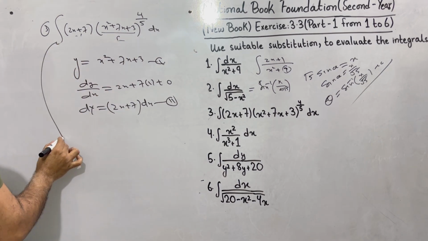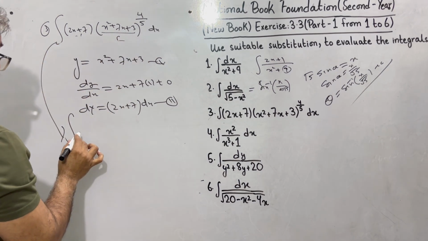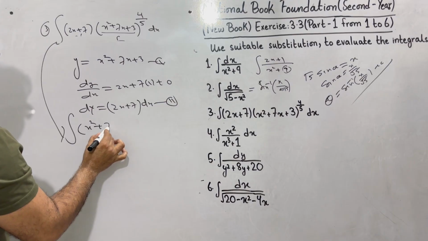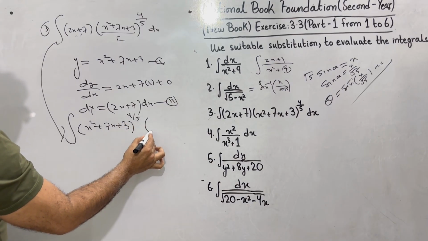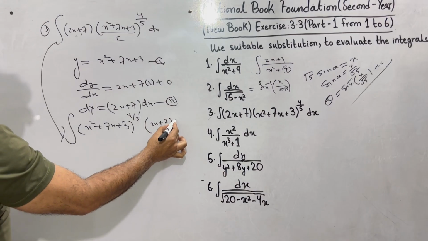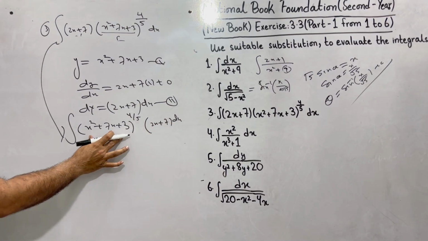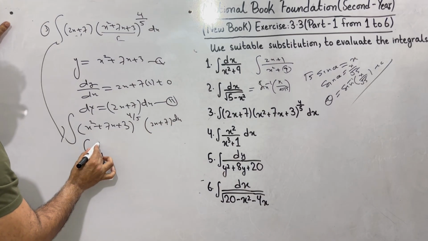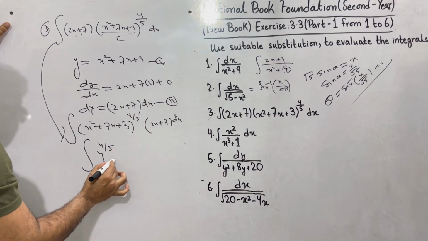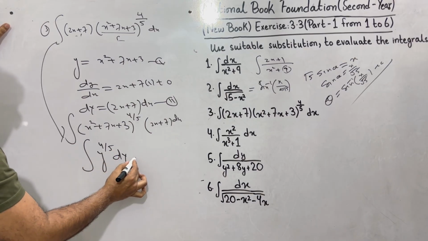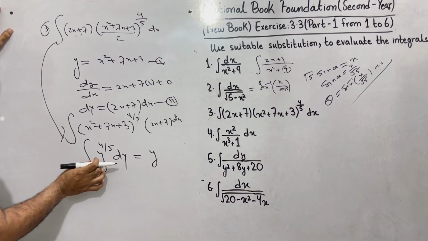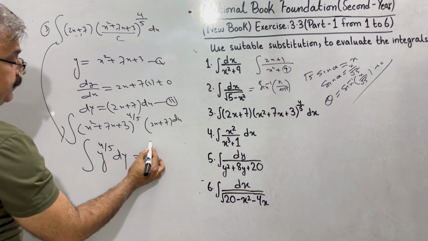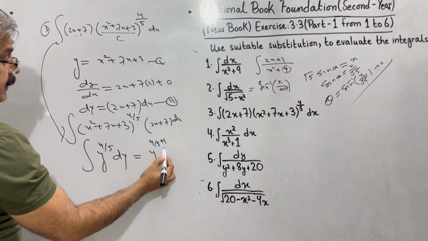Now substitute here. Let me write this in an arranged manner: (x square plus 7x plus 3) raised to 4 over 5 times (2x plus 7) dx. It's our y raised to 4 over 5, and that's our only dy. Add 1 to the power of the function, as it is simple integration now. We have used only a single term. Add 1 to the power of the variable and divide by the same.